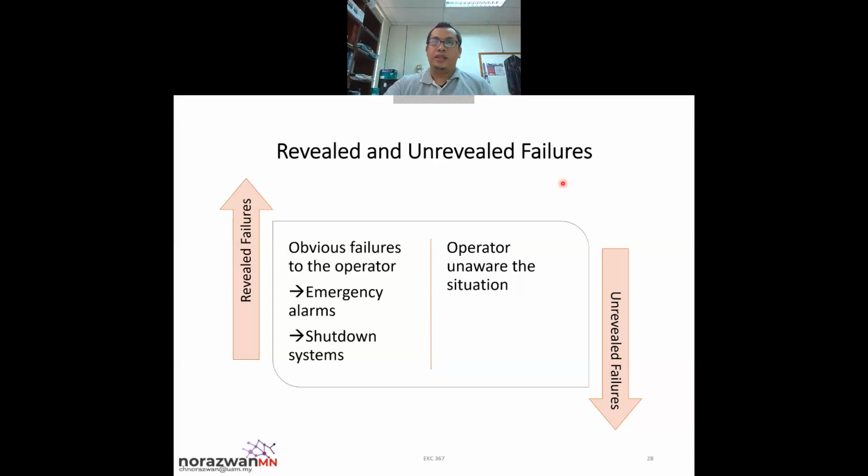However, for unrevealed failures, the example is the emergency tire inside your boot. You don't realize there is any failure unless you make some regular checking. If not, until a certain period, then you realize, oh, even my emergency tire is out of service and cannot be used. So there is a situation when you have revealed failures and also unrevealed failures.